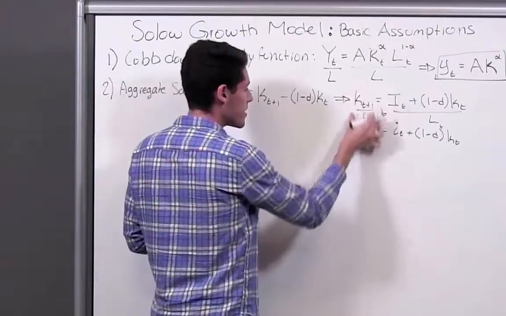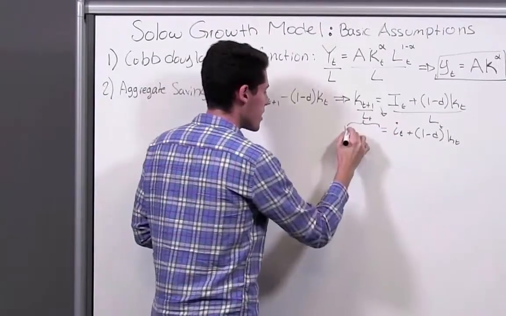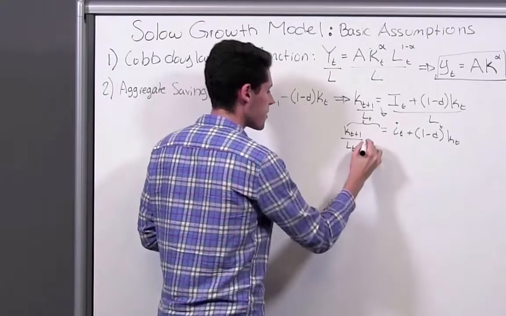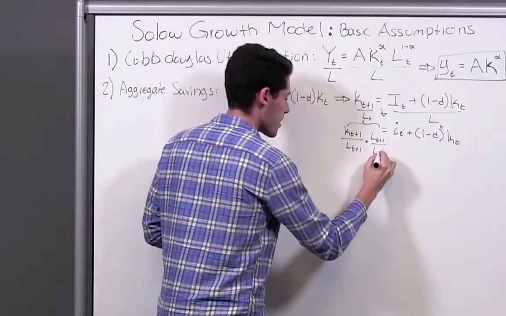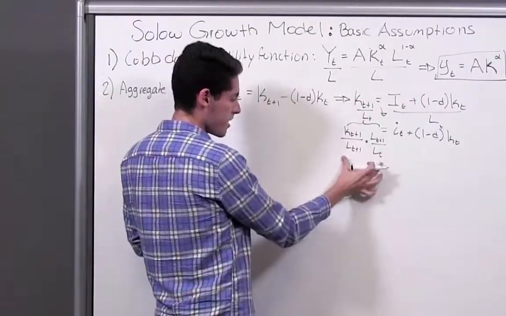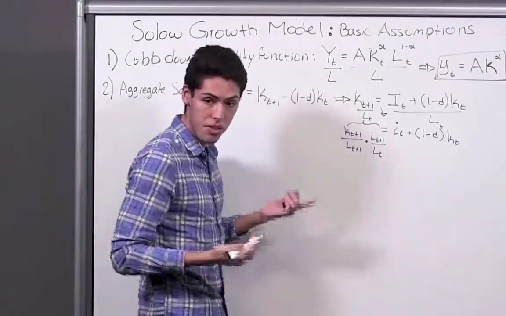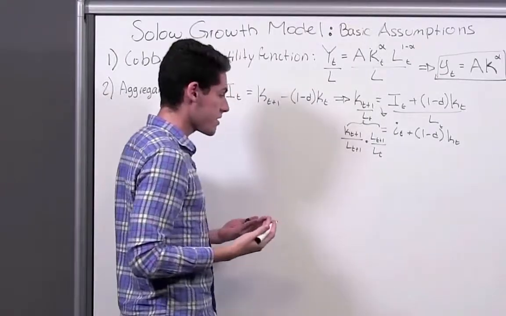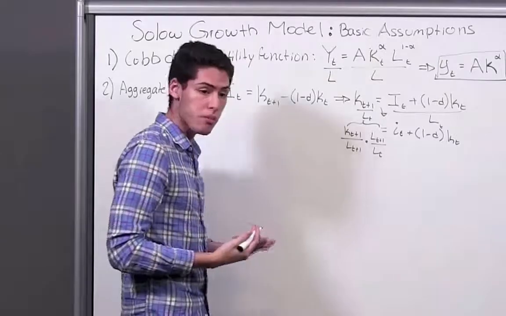Well, this right here is equivalent to capital in the future over labor in the future times labor in the future over labor today. It's the same thing, right? After all, if we did multiply, these would cancel out, and we would have capital in the future over capital today. But by rewriting the equation like this, we can now essentially make it usable for our purposes.